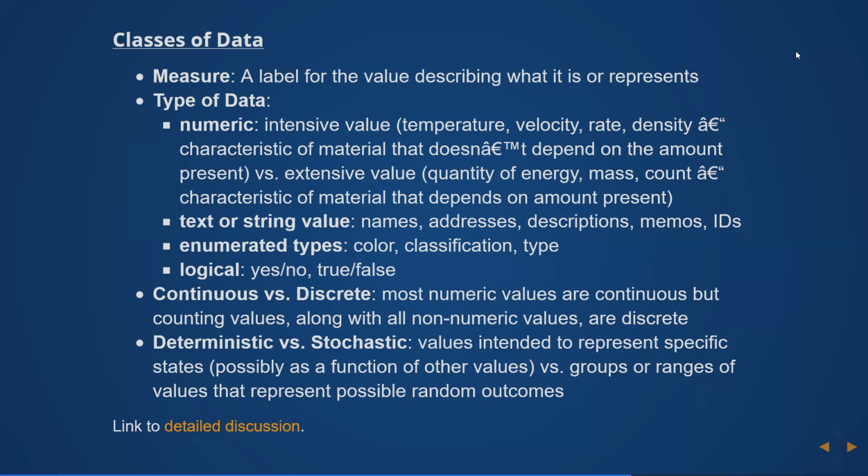But counting values like the fact that there are four of something, those are considered discrete. Deterministic or stochastic: the individual data points are not one or the other. They are what they are. That's more about how they're used.